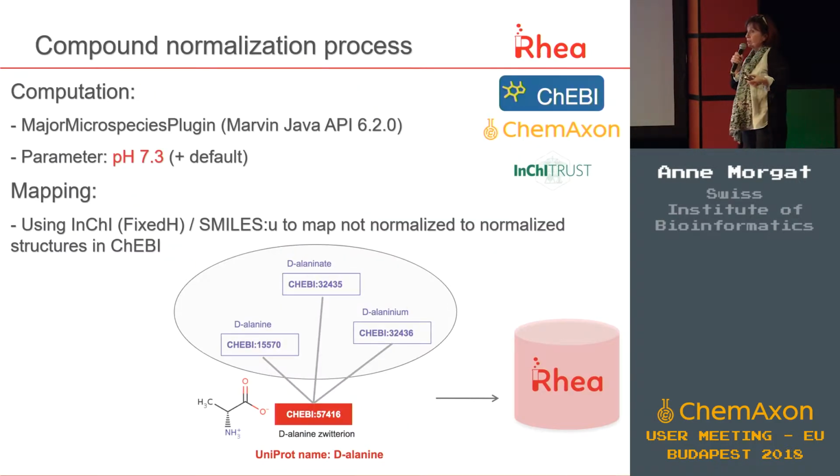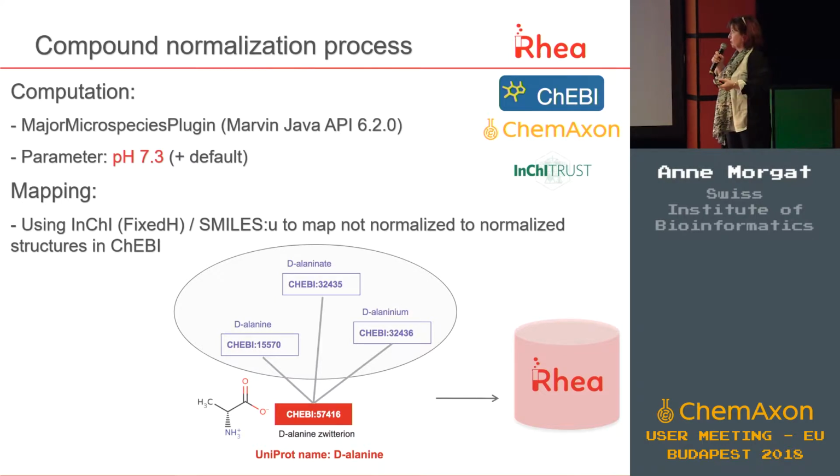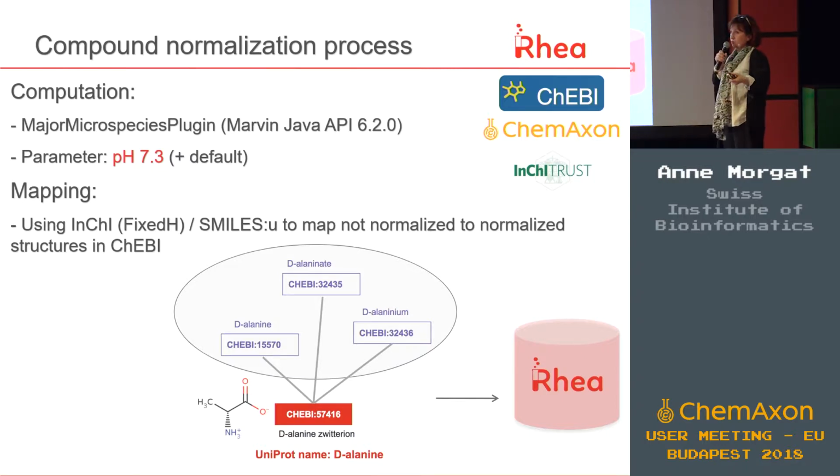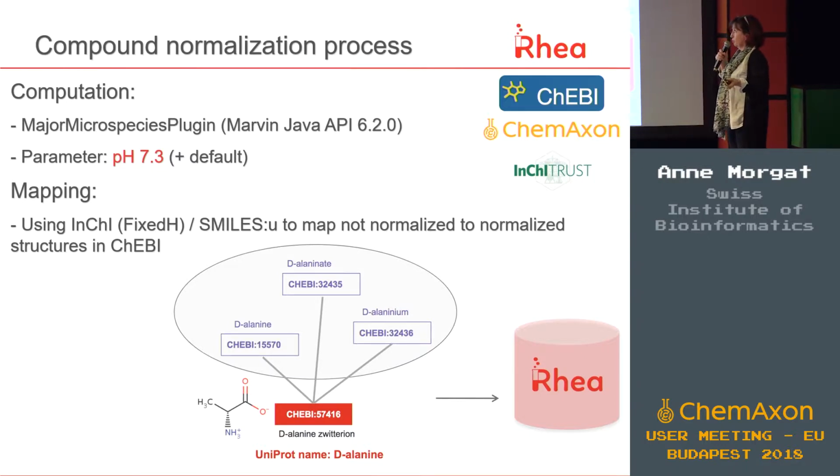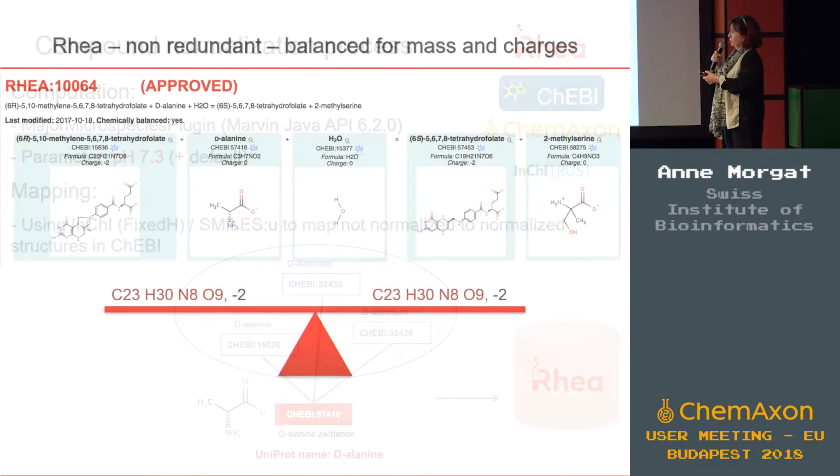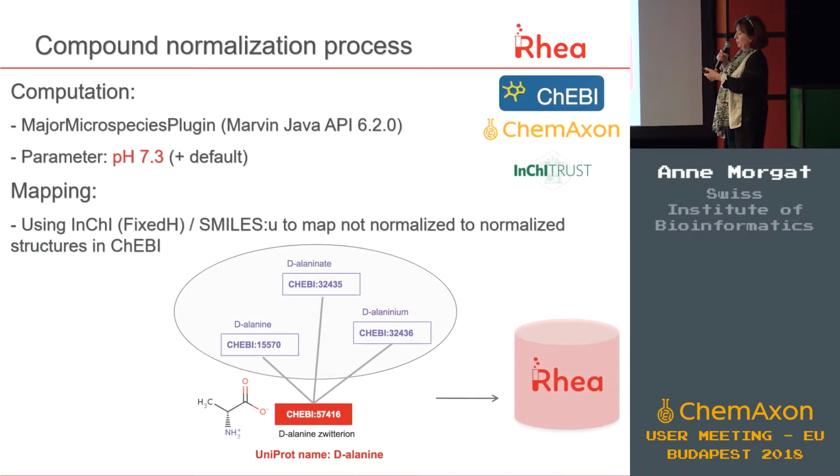Our developers set up a compound normalization process. The first step is to compute the major microspecies using the ChemAxon plugin. We use Marvin Java API 6.2.0 since a few years. We use, as I told you, the pH of 7.3 and all the other parameters by default.